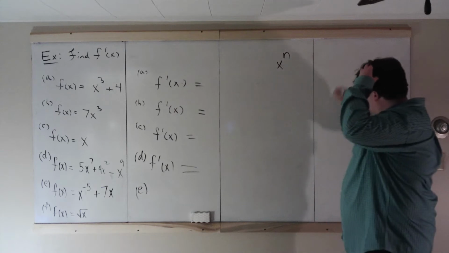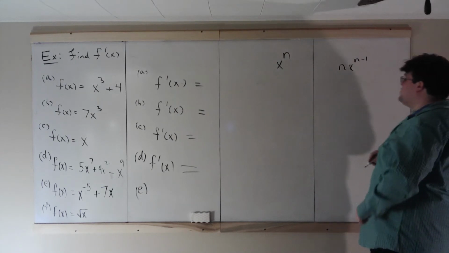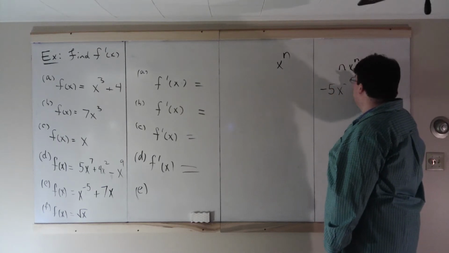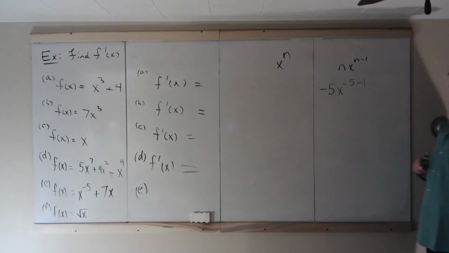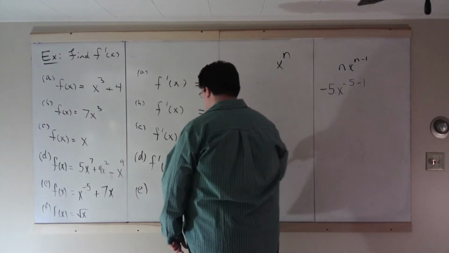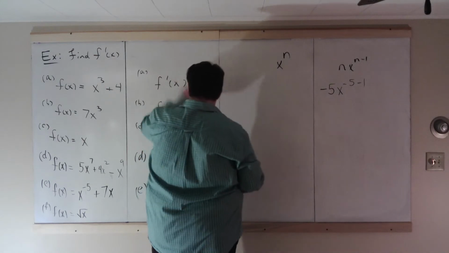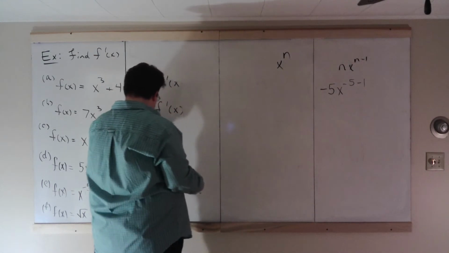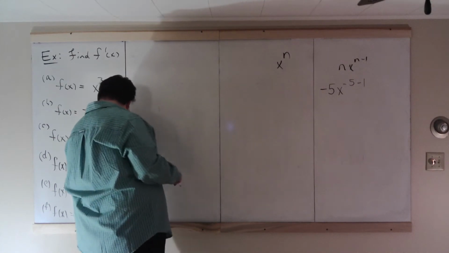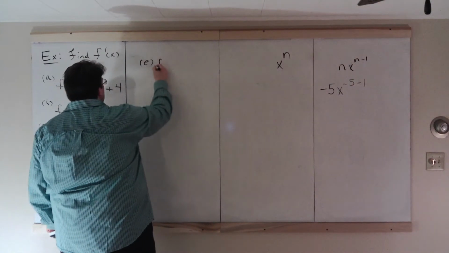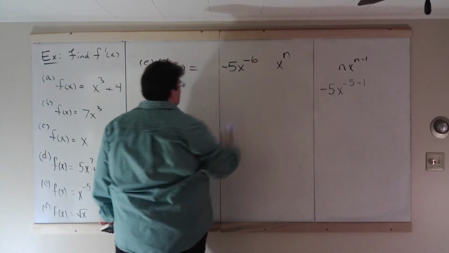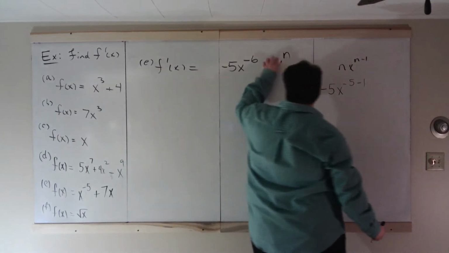Derivative of x to the n is nx to the n minus 1. What if n equals negative 5? What do you get? Negative 5x to the negative 5 minus 1. Negative 5 minus 1 is negative 6.